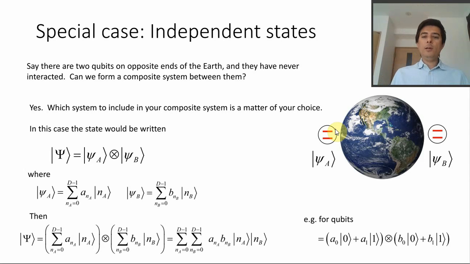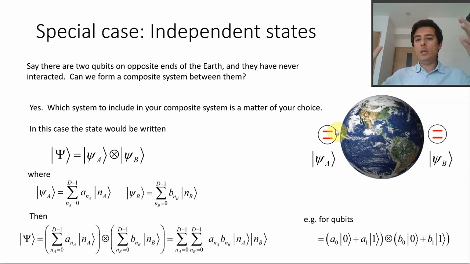So one question you might have is, can we just put any 2 quantum systems together? The most common case where you want to consider 2 systems as a whole is because maybe they're right next to each other, or you want to look at a particular device and it's got 2 particles in it, so it's natural to think about it as a composite system.